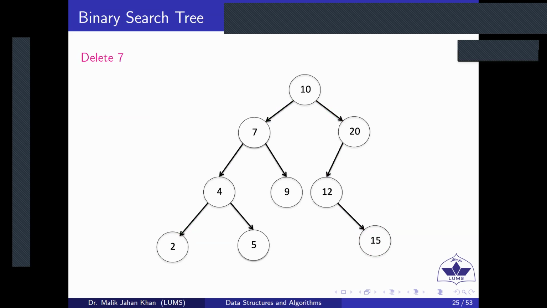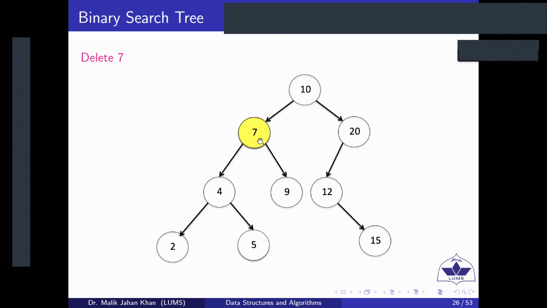Okay, now the third main operation is how to delete an element from the tree. So let's try to delete 7. To delete an element, the first thing is that we just need to find the element. So we do something very similar to what we did for the search operation: we start from the root and locate 7 inside the tree. Because 7 is a node, it will be the root node for some subtree.